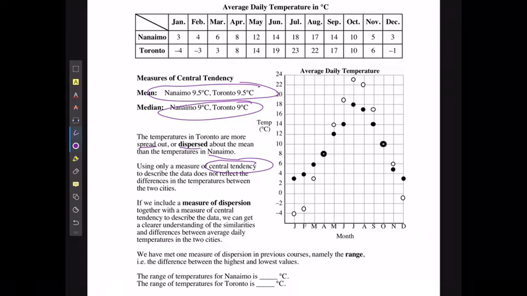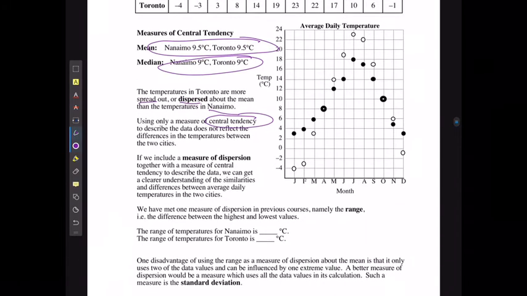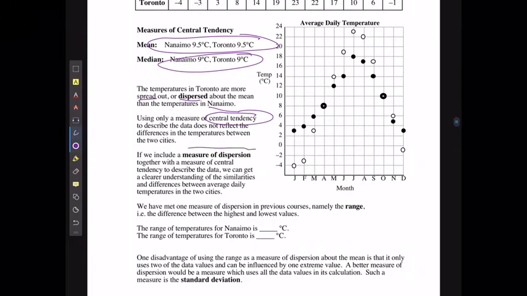Obviously, just from looking at it, we can see that Nanaimo stays much closer in temperature and Toronto is far more spread out. So if we include a measure of dispersion together with a measure of central tendency to describe the data, we can get a clear understanding of the similarities and the differences between the average daily temperatures in the two cities.